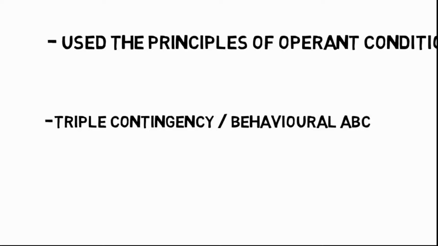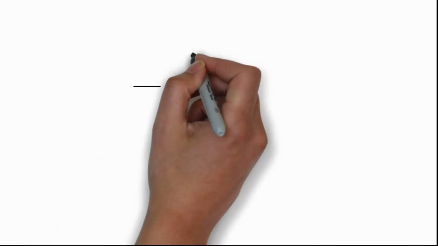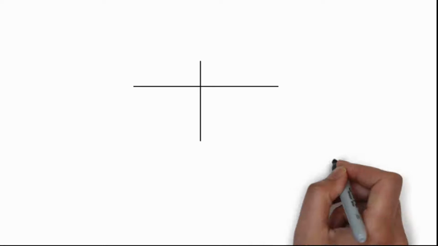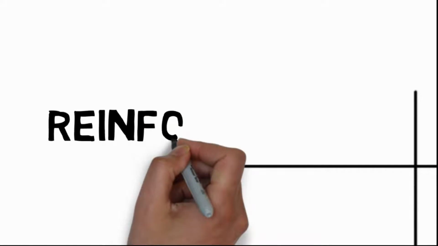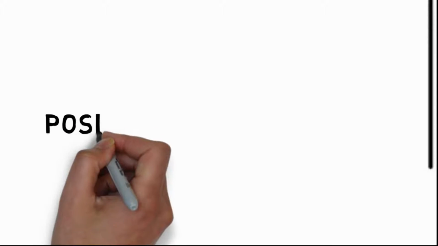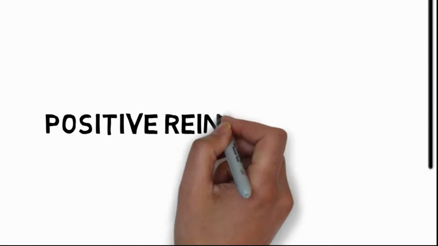So firstly I want to just briefly explain operant conditioning and what conditioning theory really involves. So this is the basis for behavioural activation. We start with reinforcements. So this is anything that increases a behaviour. Let's start with positive reinforcement.